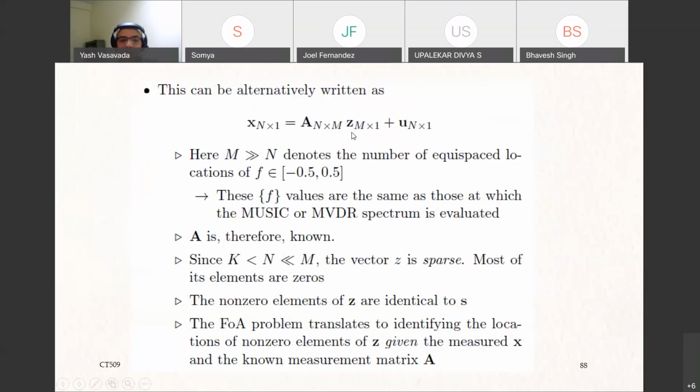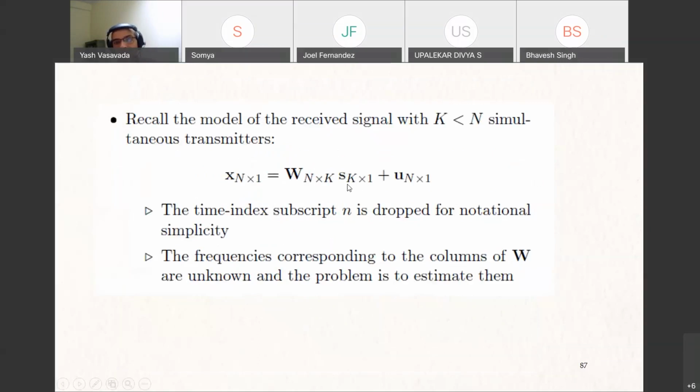Exactly at those locations, Z becomes the same as S, and everywhere else, Z is 0. So those zero valued elements of Z will null out the corresponding columns of A, and what will remain in the final product, A times Z, is going to be the same as W times S.